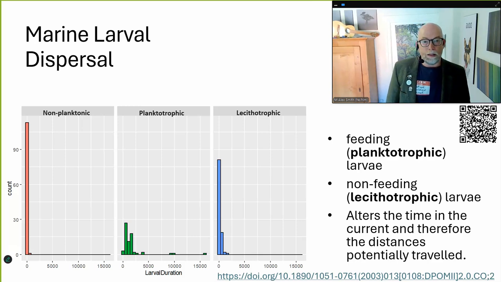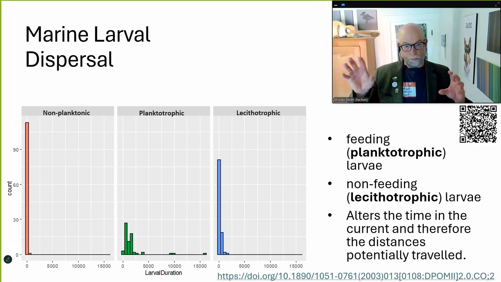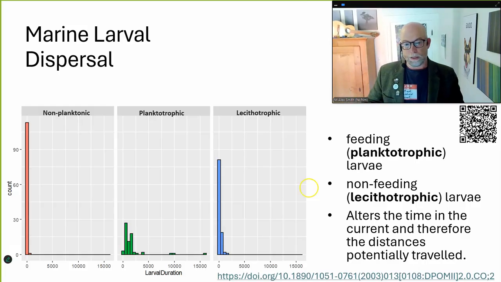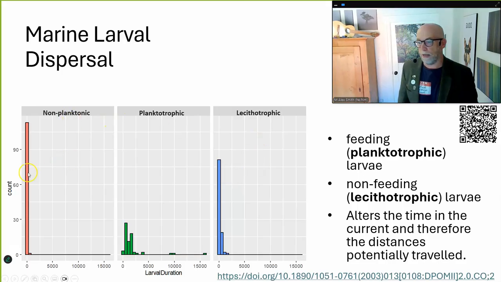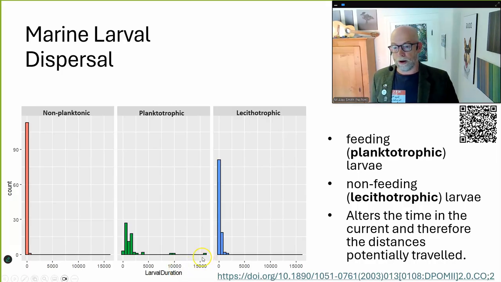Now, the other element that has been talked about here, so there's egg size, but we keep talking about larval duration. So altering this strategy from lecithotrophic to planktotrophic alters the time that the larva spends in the current. And so again, now this time they've switched, so we've got non-planktonic here, and this is larval duration in hours. So this far end of the graph is like years.